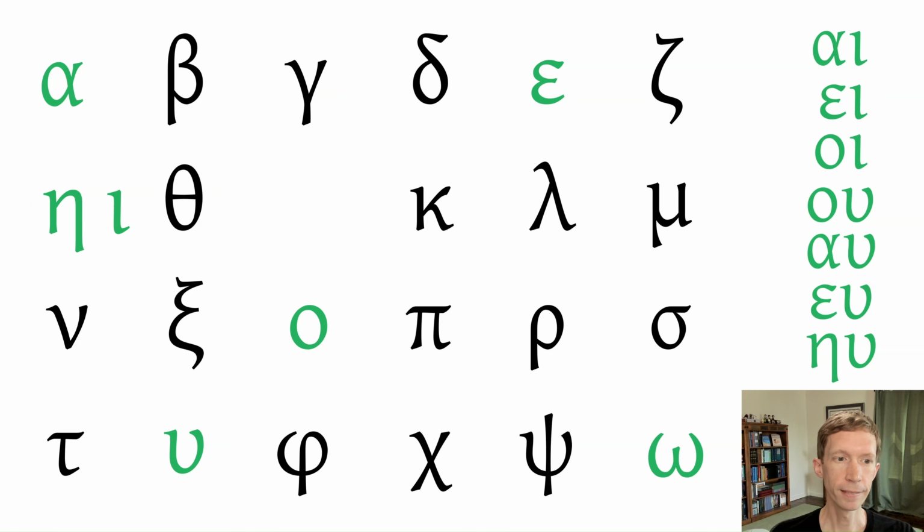Ie, ae. Now this one is tricky, right? Because you might want to pronounce it like E because you know that Omicron and Omega have the same sound. But this is not pronounced E. It's OE, separate. EO, E, OE.